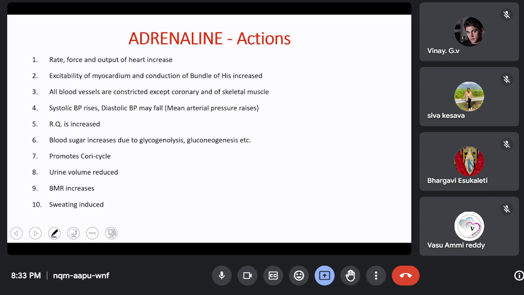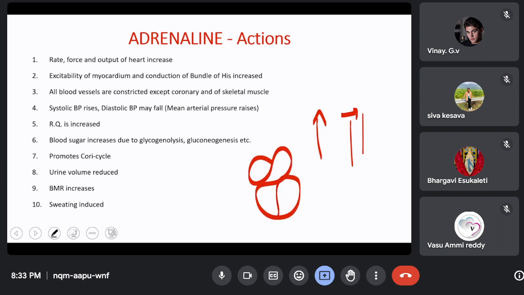Why do they have to be antagonistic in nature? Because here let us say the blood flow due to vasoconstriction is increased. When the blood flow increases, what happens? Ultimately, the rate of beat of the heart, that means heart rate or heartbeat, also increases.